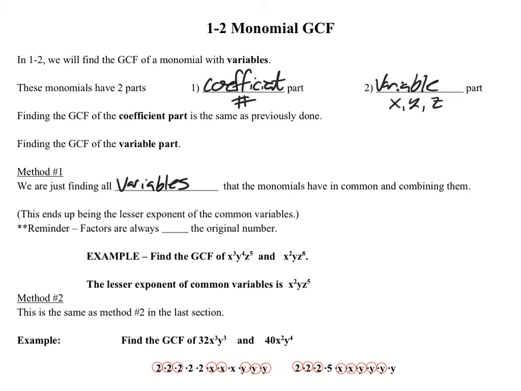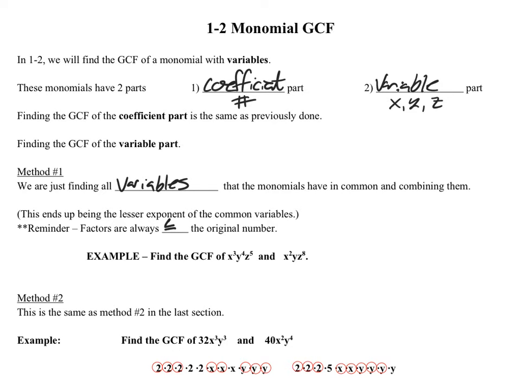The way that we do this is by remembering that factors are always less than or equal to the original number. I'm going to cover some of this up so that we have some workspace. Whenever we're looking at variables and thinking about a GCF having to be smaller than or equal to the original numbers, we want to be thinking about picking out the least amount of any variable.